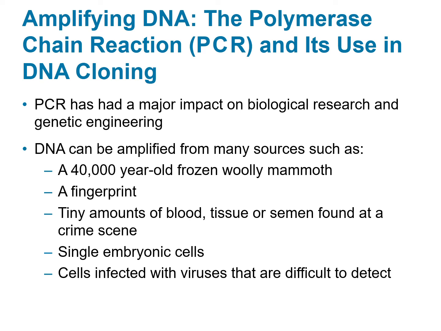And also we can amplify DNA from viruses which have infected cells, and ones that are very small and early in the infection process, which normally would be difficult to detect. So let's look at some more details in the next two segments.